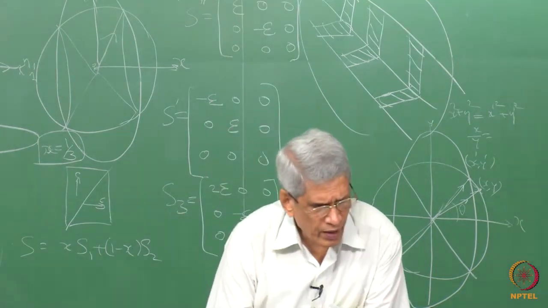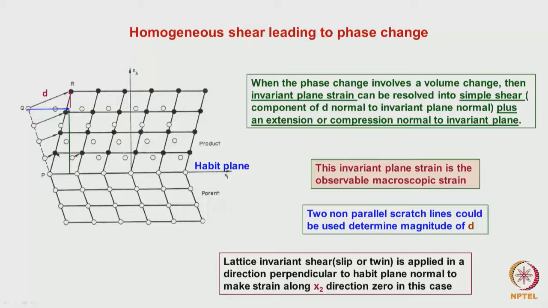So then what is going to be this shear? This is the one which we are able to observe, correct? If this is the surface of the sample, this is the angle by which the tilt is taking place. This strain, which is called the invariant plane strain, can be resolved into two parts: a simple shear in this direction, plus an expansion or contraction, a strain in the direction perpendicular to it.